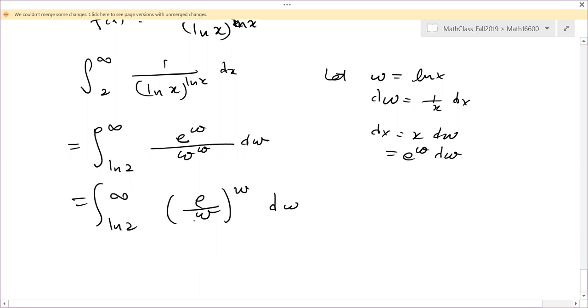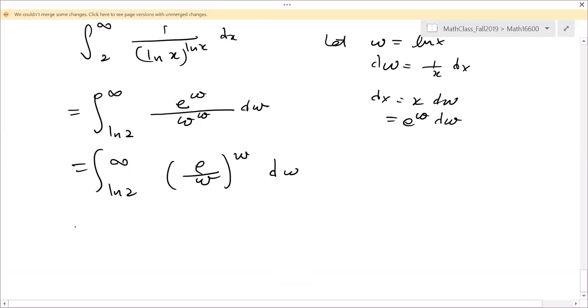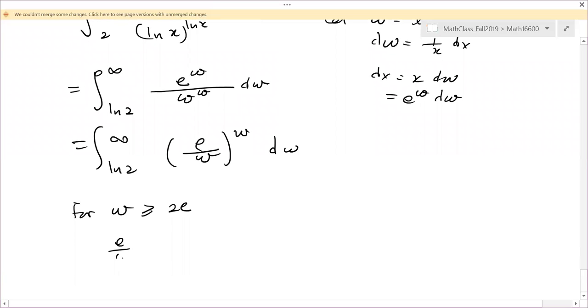It looks like an exponential function, but the base is getting smaller and smaller when w is large. So how about this: for w greater than or equal to 2e, just choose a number, then e over w is less than or equal to 1/2.